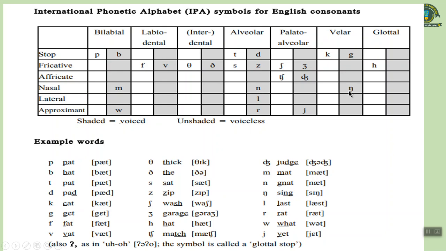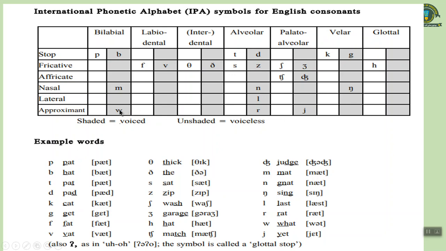When you are producing it, there is a constriction between the back part of your tongue and your velum. Then there is this lateral sound. Lateral sound is its manner. This is called lateral because when it is produced, air escapes through the sides of the tongue. Then approximants, these are called approximants because during the production of these sounds, the articulators come close to each other, but they don't really make a constriction or blockage of air like they make in the production of t, d or k, g sound.